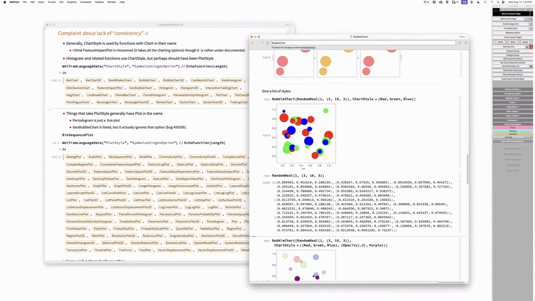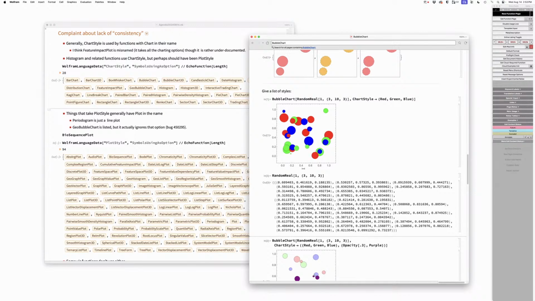Right. I mean, I suppose theoretically one could imagine a list plot where you wanted every other point in your series to be something. And so you could imagine a ChartStyle type option. Yeah, I'd be prepared to give that up because I think that's a pretty obscure thing. I mean, although I agree that you're doing it for these charts.